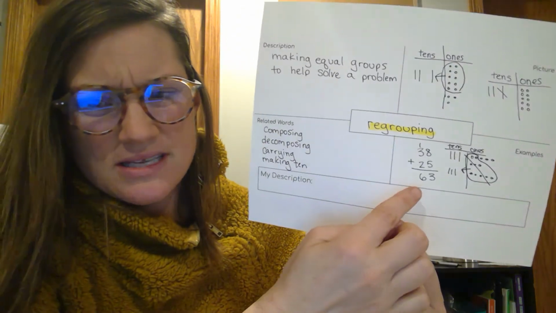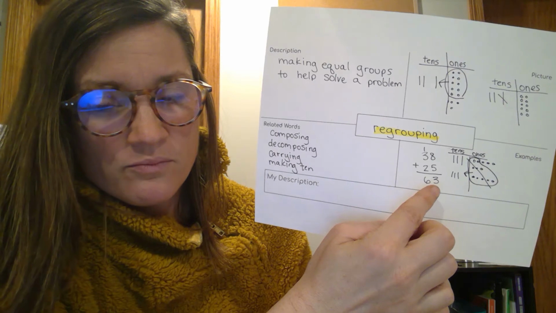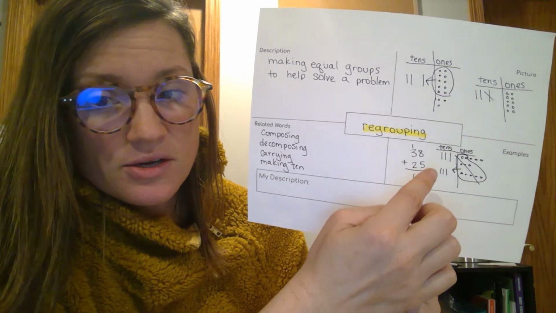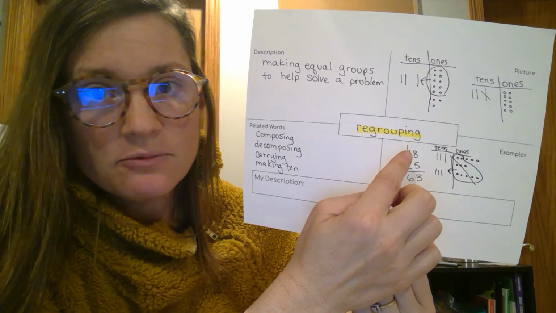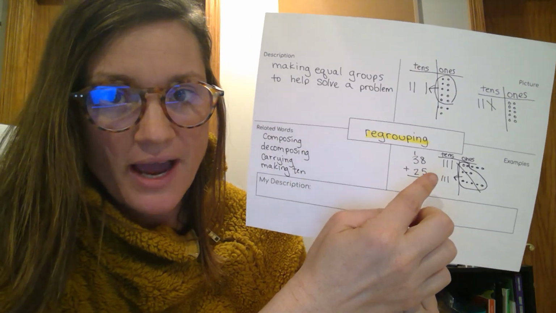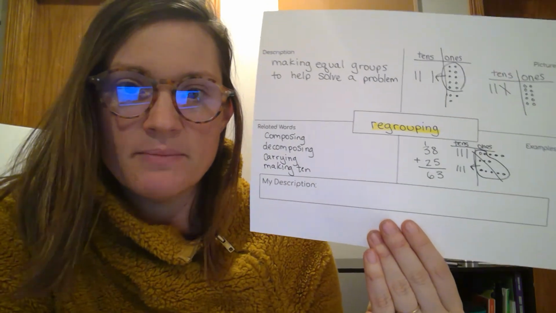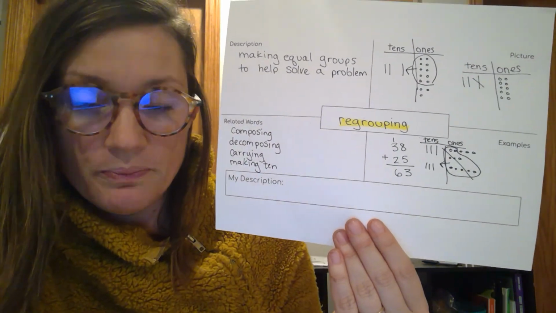And that's what you see happening here. You wouldn't put a 1 and a 3 in the ones column, so you regroup it up top, and that represents this new 10 that you added there. So more on that to come, but just starting to think about that word regrouping.